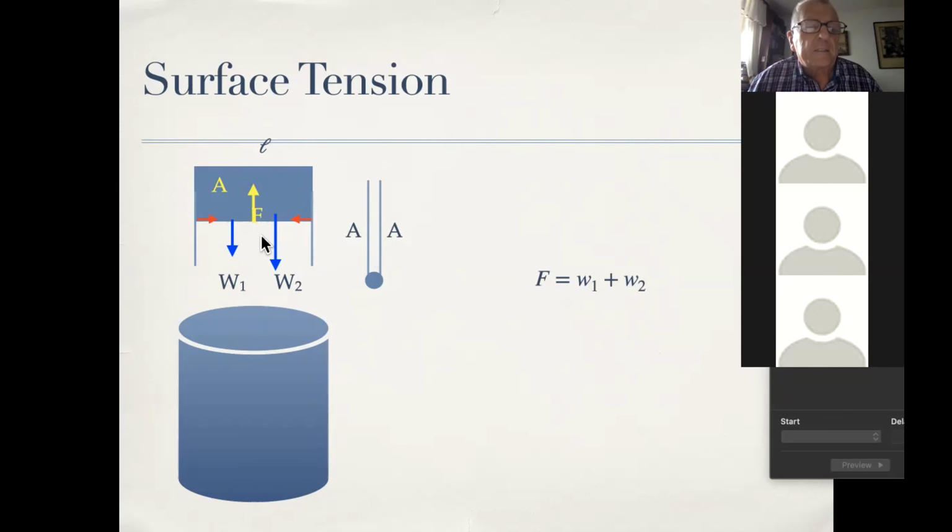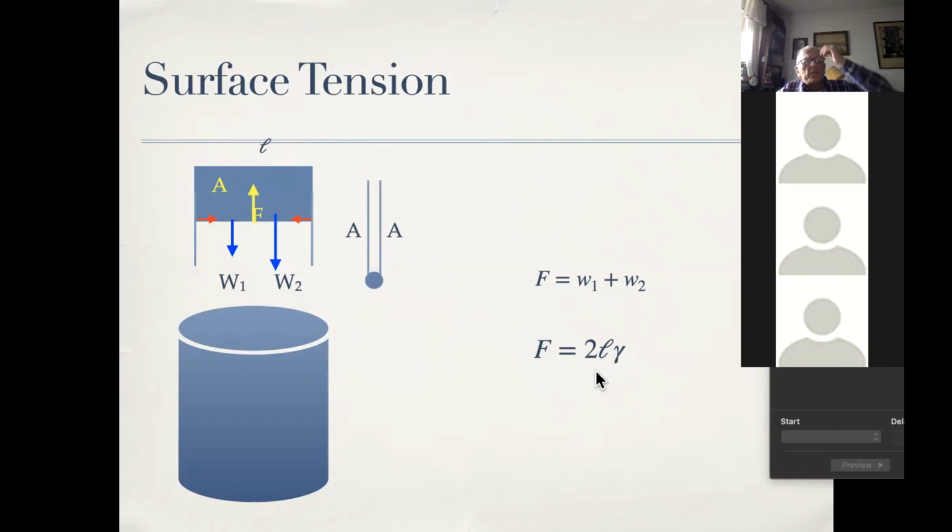So conventionally, that force divided by the length of the wire, L, is called the surface tension and is denoted by the small Greek letter gamma. That force, which is balanced by these two weights, is equal to 2 times the length times gamma, and gamma is the surface tension.